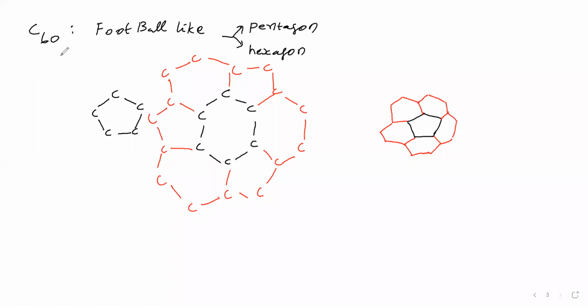Now, one molecule contains 20 hexagon rings and 12 pentagon rings. In one football-like structure, in one C60, 20 hexagonal rings and 12 pentagonal rings will be there.